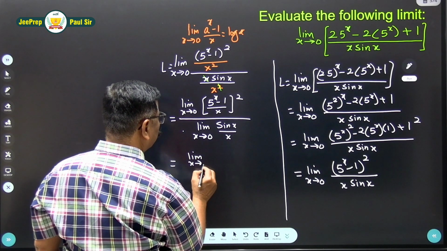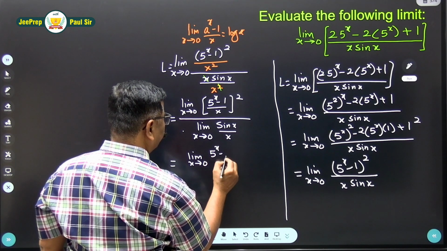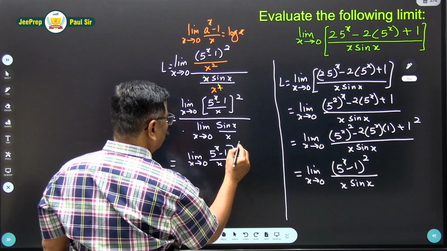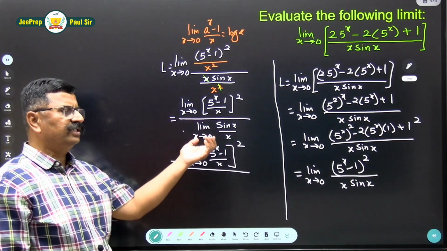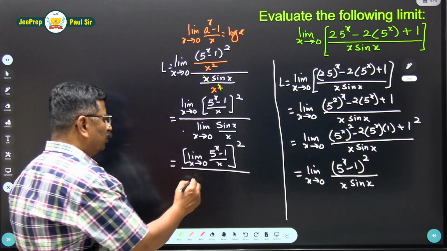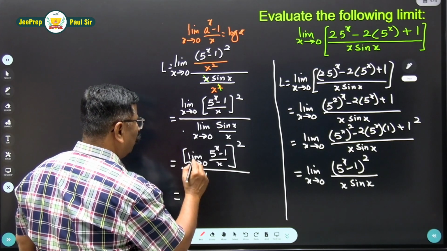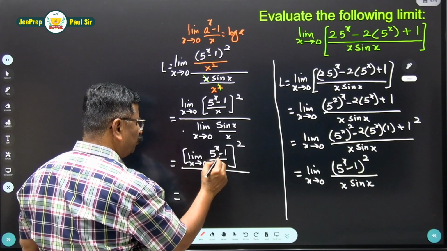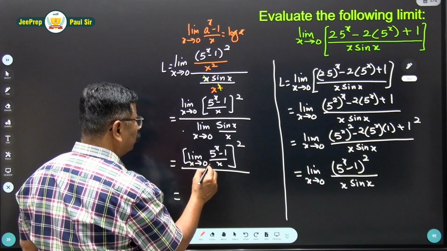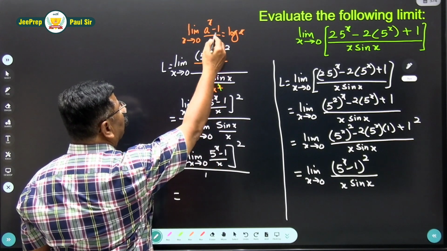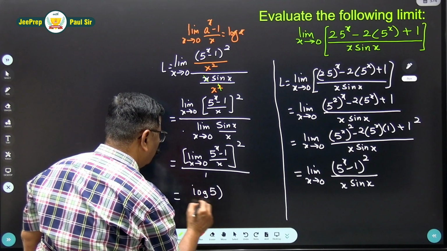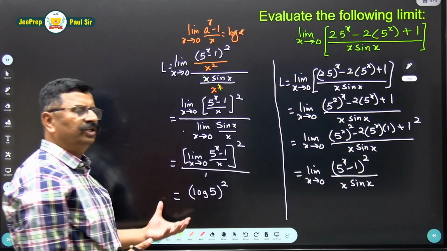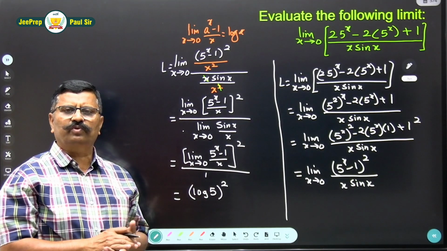Numerator further can be simplified as (5 raised to x minus 1 upon x) the whole square divided by, what is the limit of this sin x upon x? It's 1. So I will write divide by 1. Now the limit of this 5 raised to x minus 1 upon x when x tends to 0 is log 5 by using this formula. So I will write (log 5) the whole square divided by 1. It is going to be (log 5) the whole square.